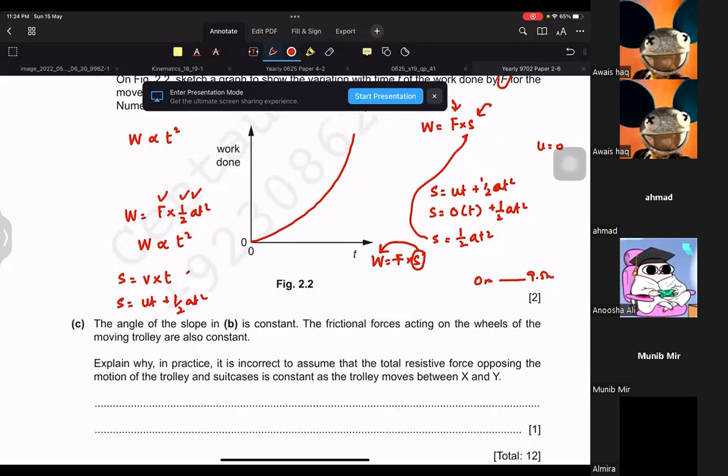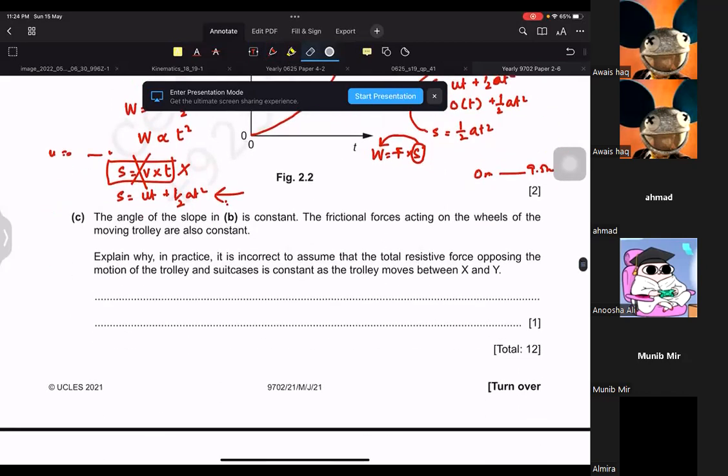I can't use the first one, because the velocity isn't constant. It was 0 initially and some value later, so that is only for constant velocity. So I have to use the second, and from that displacement is proportional to t squared, so you can replace it there. So work is related to t squared. Like that, you move from different angles. Yeah, that was smart.